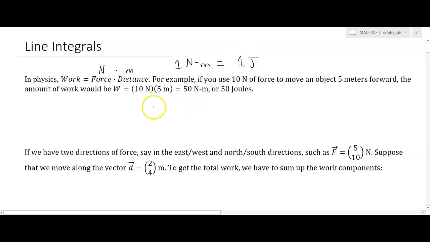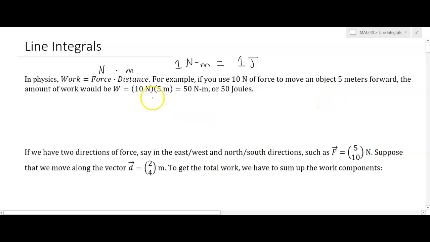And so the reason it makes sense to multiply these two things together is I can apply a 10 Newton force, for example, but it depends on for what distance I apply that force. So we can all probably agree that 10 newtons of force carried along 5 meters will end up exerting less energy than, say, 10 newtons of force for 20 meters.